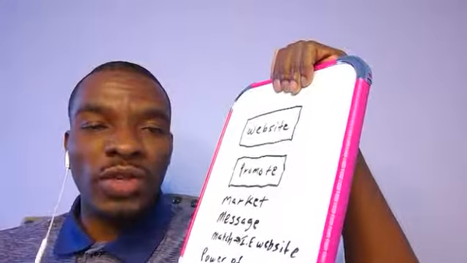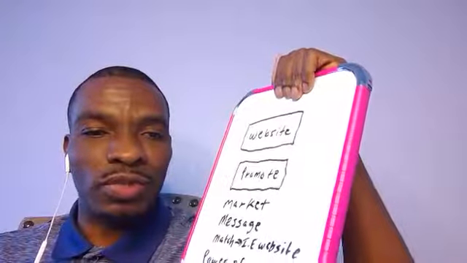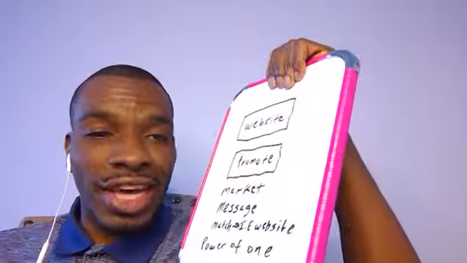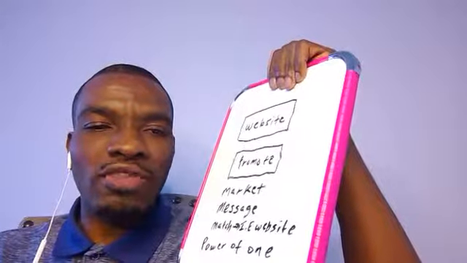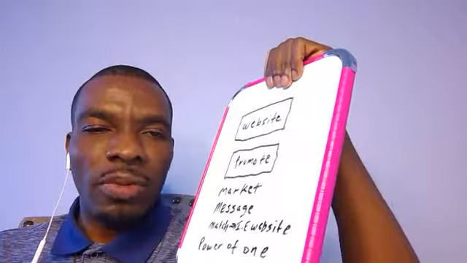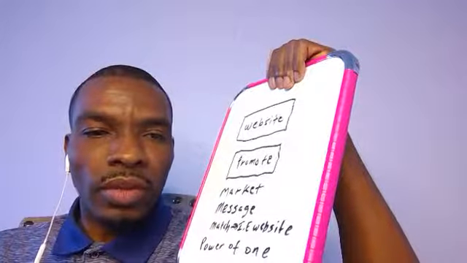The wrong way to do a website is to have a whole bunch of different tabs. If you have a lot of tabs on your website, just know that it's not optimized for conversion. If you don't have any tabs whatsoever, and you have one singular thing for people to do, you have the power of one, and one specific call to action once they arrive at your website, and it builds on the market.